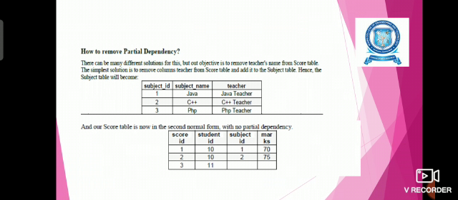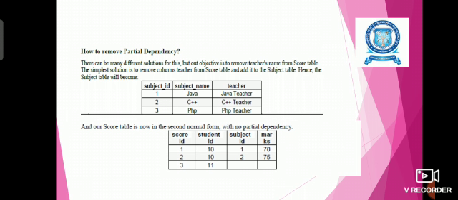So to eliminate this partial dependency, we are going to rearrange the table. Initially we are going to add the teacher attribute to the first table, that is the subject table. After rearrangement, the subject table will have the attributes subject ID, subject name and teacher, and we are eliminating the teacher attribute from the score table.